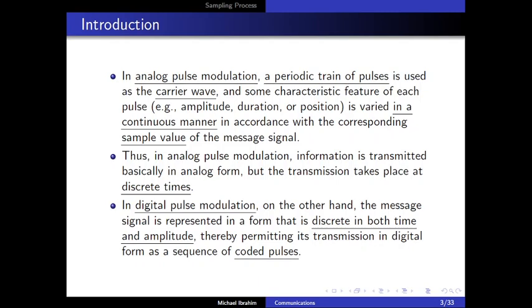But in digital signals, we have discreteness in the time and in the amplitude. The amplitude is allowed only to take discrete values. This is what's happening in digital pulse modulation. And in this case, we can use the so-called pulse code modulation, or PCM, or coded pulses, as you can see here. And we will see this later on during the chapter.